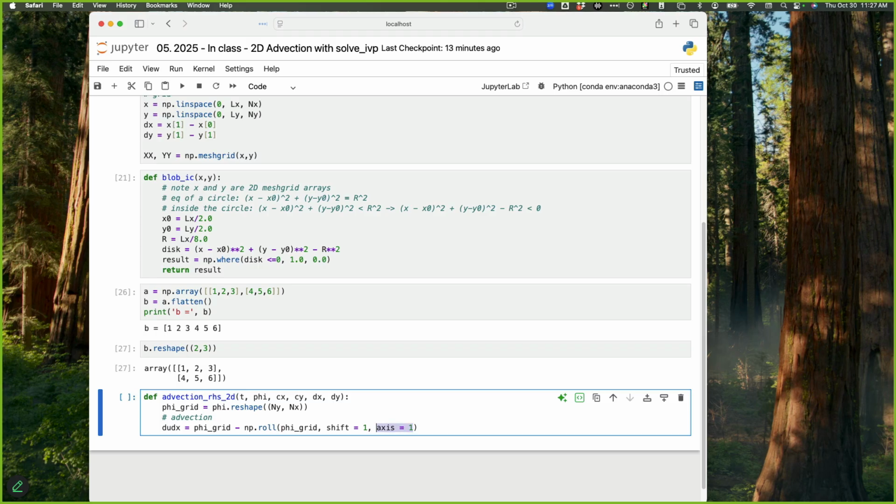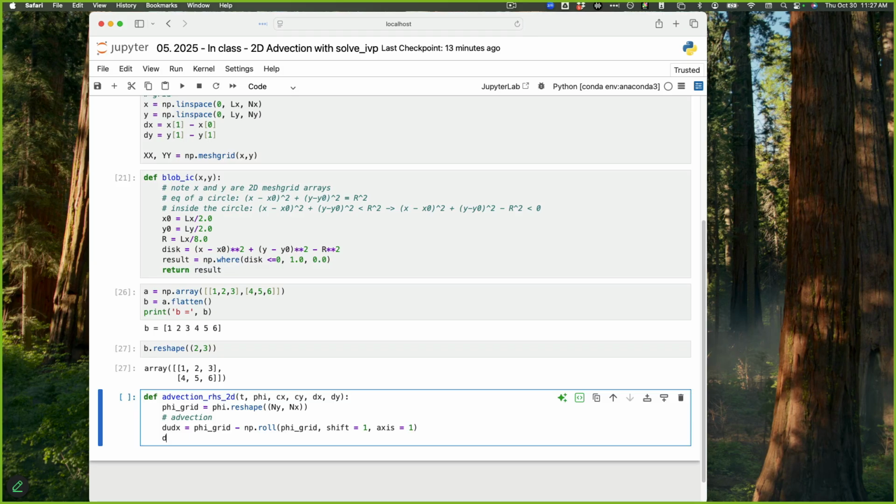That's the only change you need to do from what we did in the 1D case. Remember, in 1D we did phi minus numpy.roll phi and shift 1. Here we called it phi grid because it's a 2D array, but it looks the same. There's nothing more mysterious than the 1D case except the axis. I'm rolling along the x-axis.